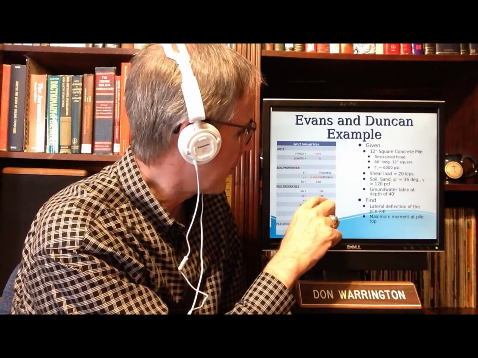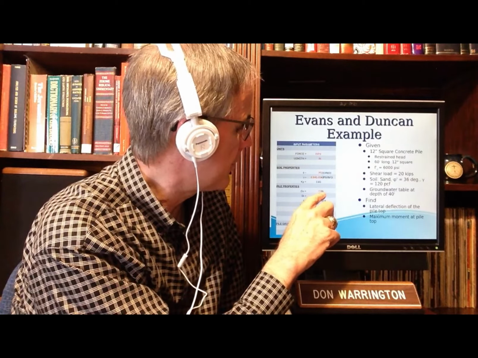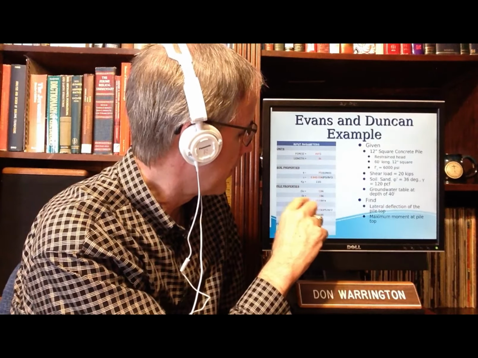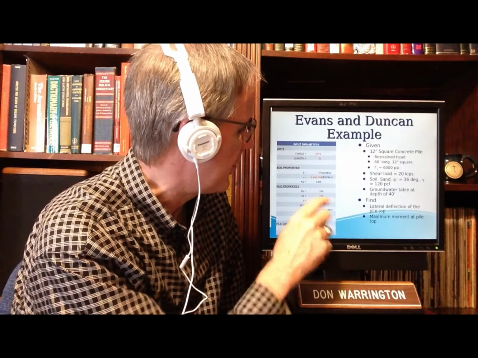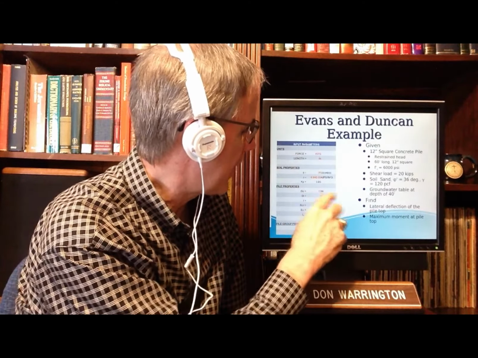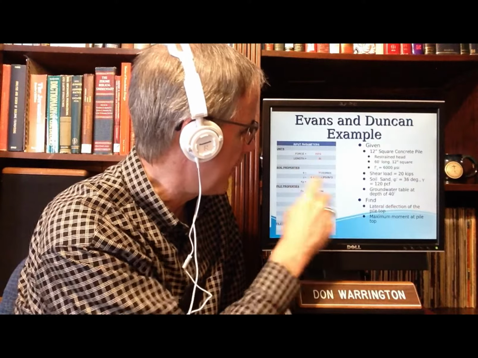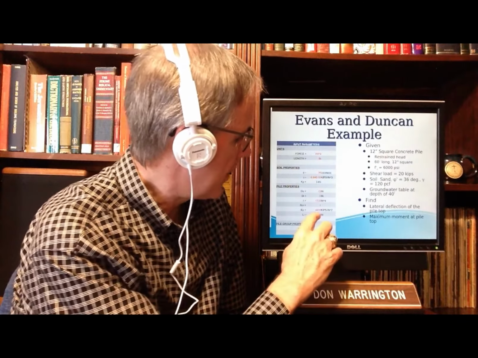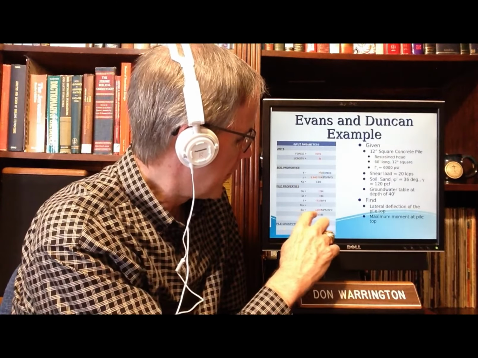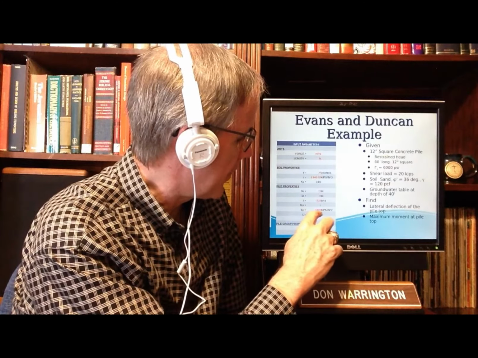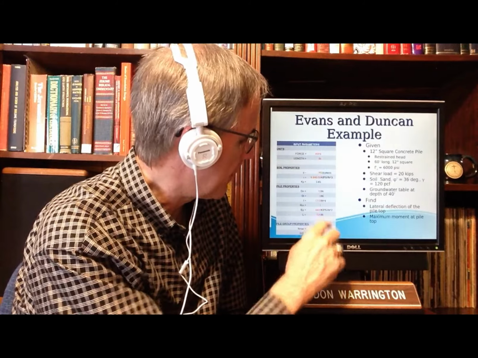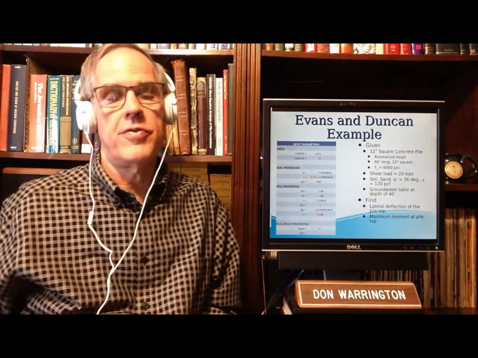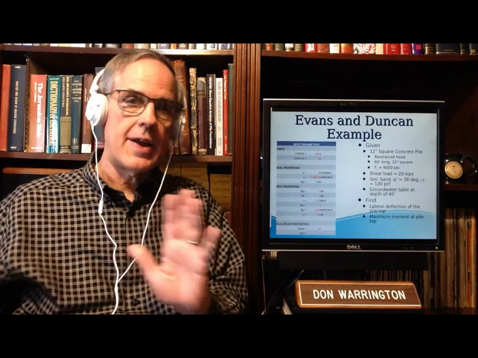If you have a round pile, CLM2 will compute it for you. I believe if you leave I at 0, then it automatically assumes a diameter of 12 inches. And then down here is the modulus of elasticity of the pile, which is 4,400 KSF, and the length of the pile, which is also in inches. In other words, if you pick inches for one, you've got to carry it through the whole thing.